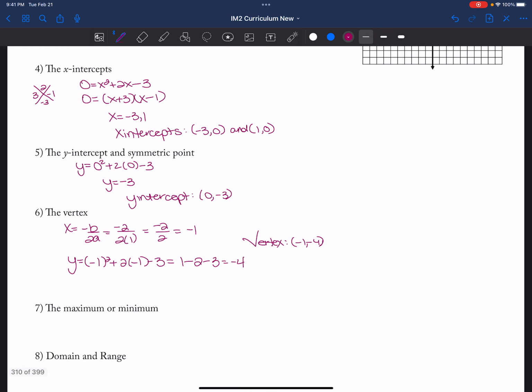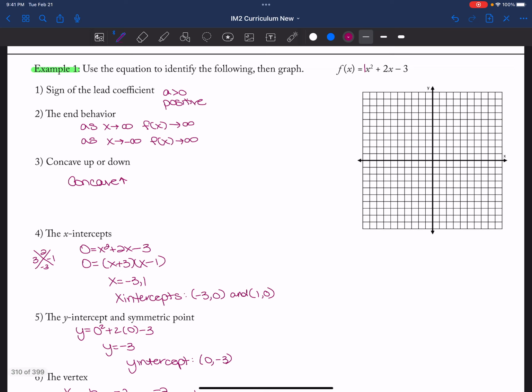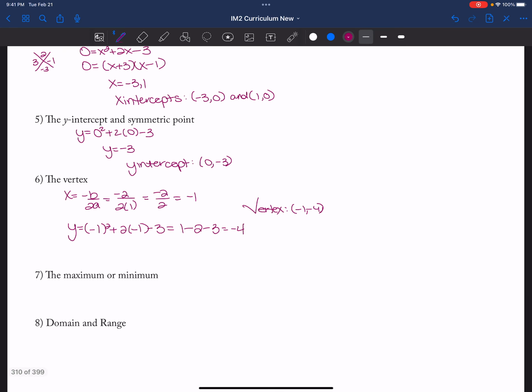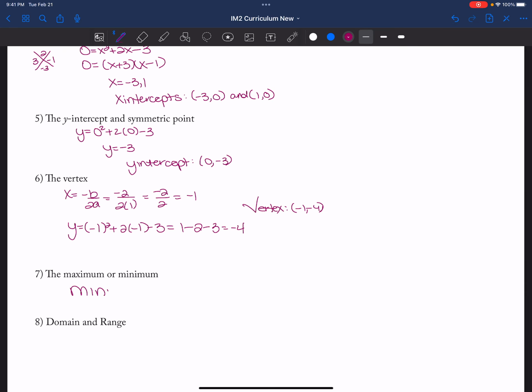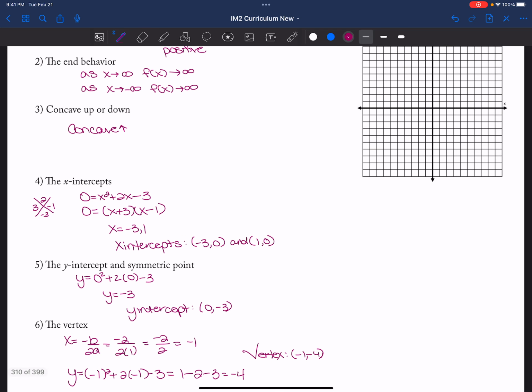It is positive, so this is a minimum. And then we'll wait for domain and range until I actually graph this. So negative 1, negative 4. My y-intercept is at negative 3, so my symmetric point is always easier to do after you've graphed.